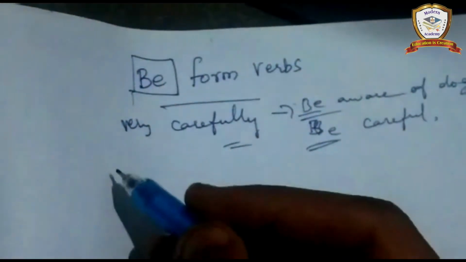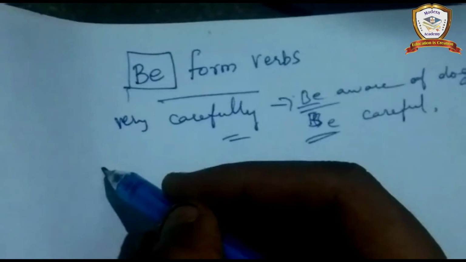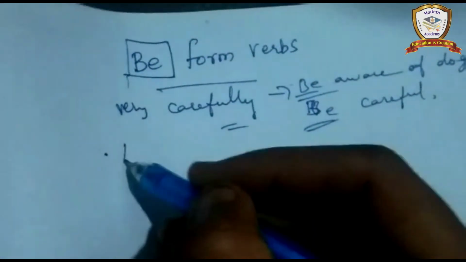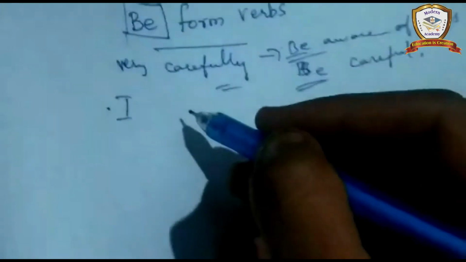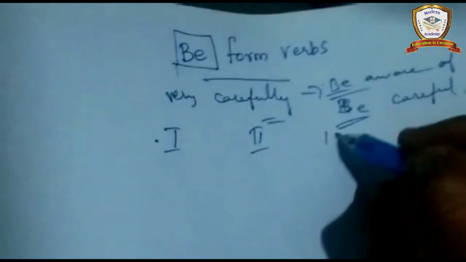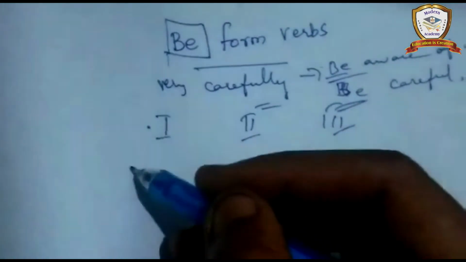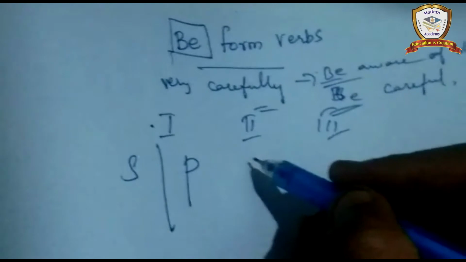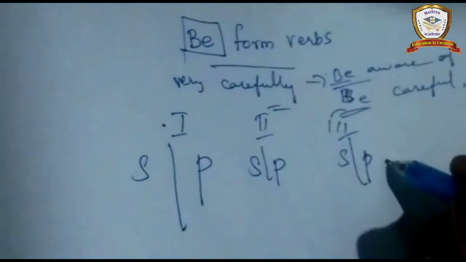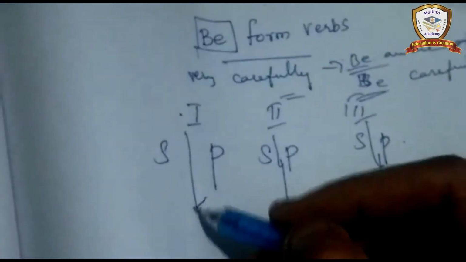Okay students, before going to the B form verb, already we have seen first person, second person, third person. In first person there are 2 categories, singular and plural. In second person there are 2 categories, singular and plural. In third person there are 2 categories, singular and plural. So we know that. Shall I ask you the question?